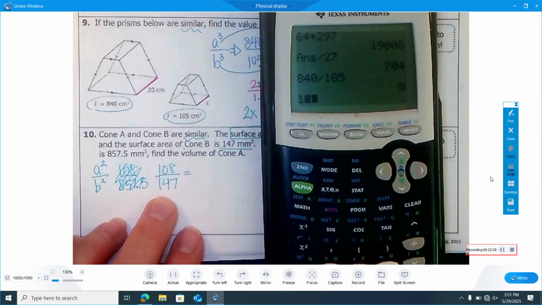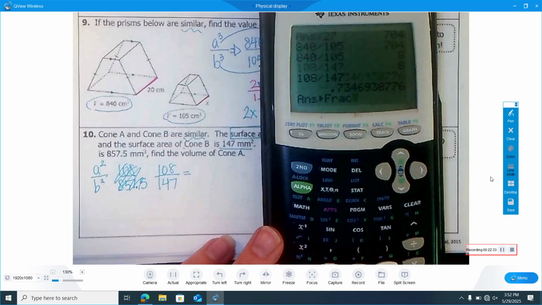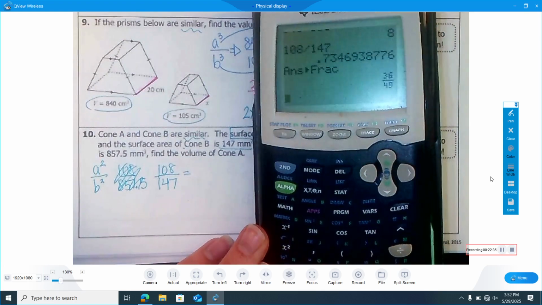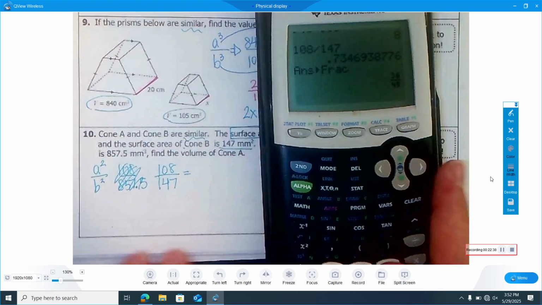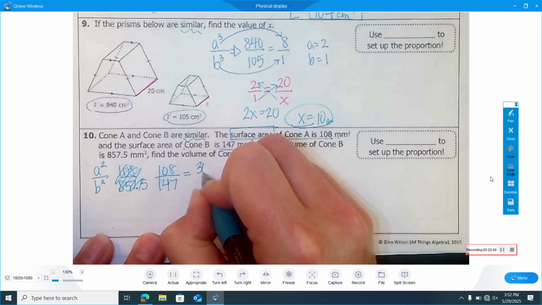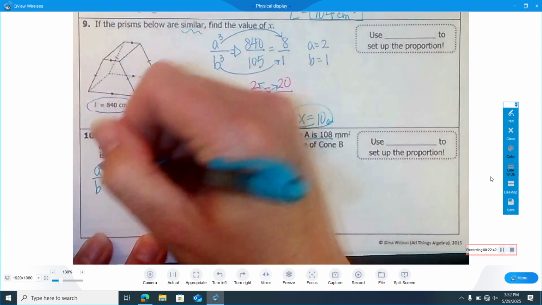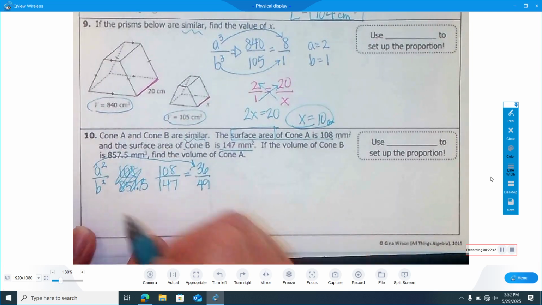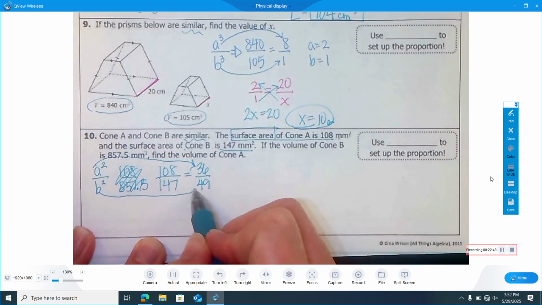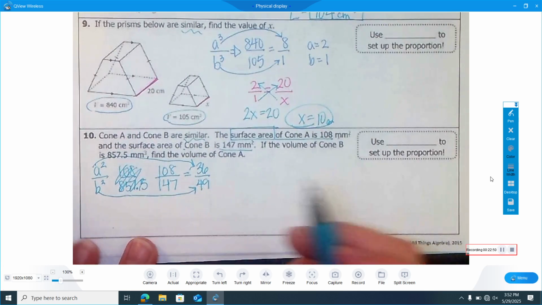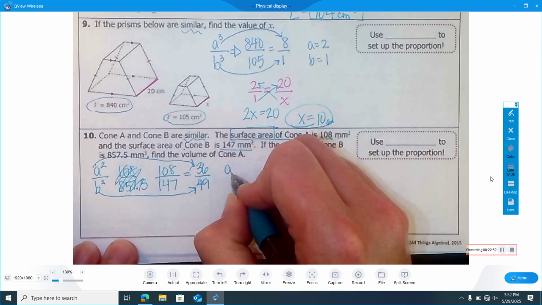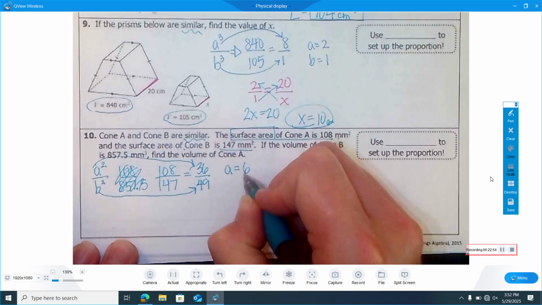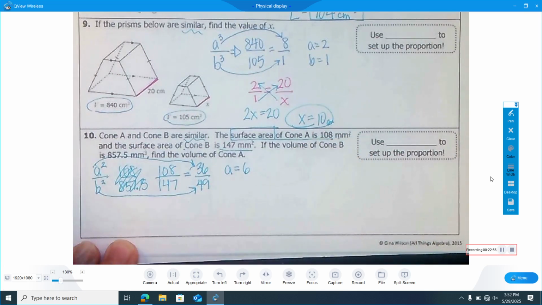I'm going to reduce those. 108 over 147, and I get 36 over 49. And so again, that is saying some number squared is 36 and some number squared is 49. So that means A must be 6. 6 squared is 36.